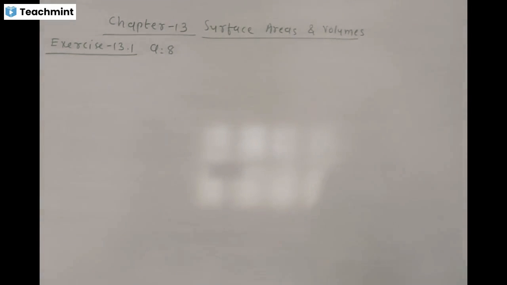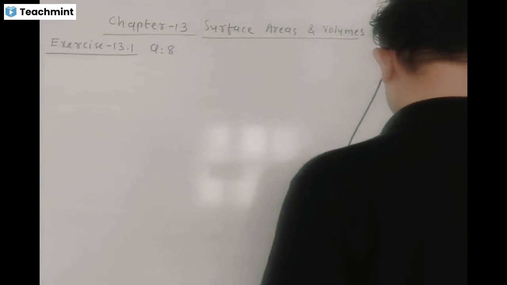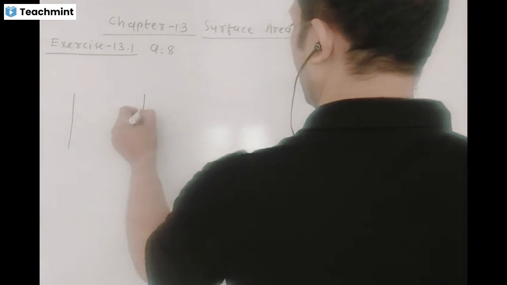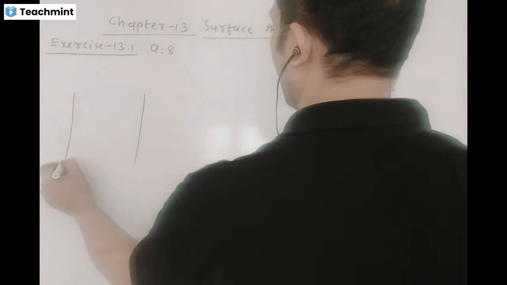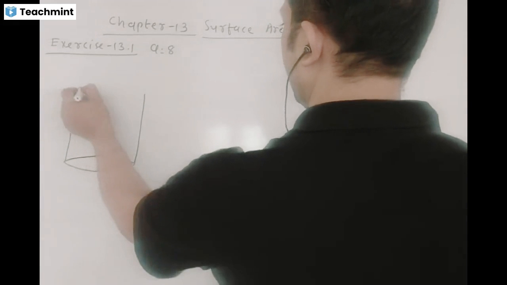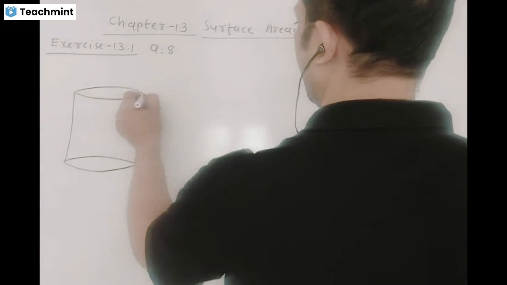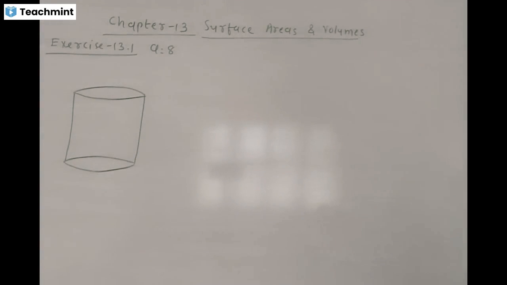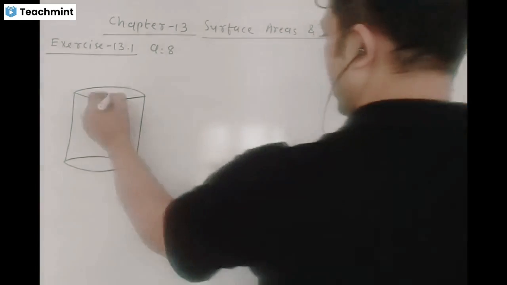Here, question number 8. From a solid cylinder, meaning top and bottom both are solid, the whole part is covered. From a solid cylinder, top part and bottom part, means total surface area. Solid cylinder means total surface area, whose height is 2.4 centimeter.